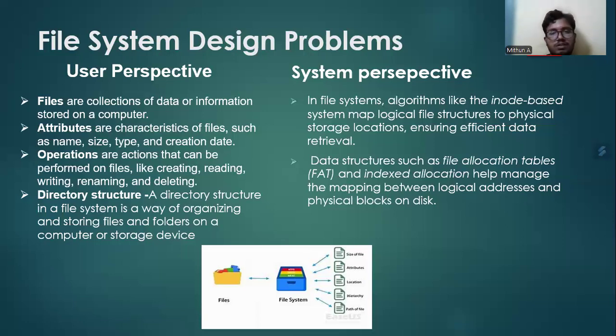When I talk about the system perspective, in a file system, algorithms like inode-based systems map logical structures to physical storage locations, ensuring efficient data retrieval. Data structures such as file allocation tables, that is FAT, and indexed allocation help in managing and mapping between logical addresses and physical blocks on the disk.